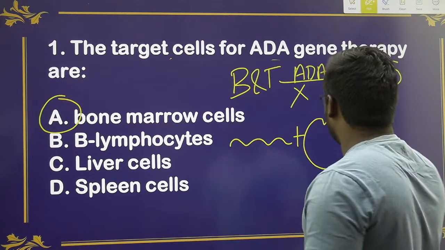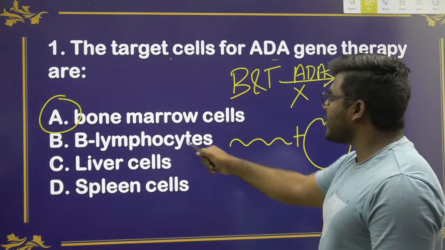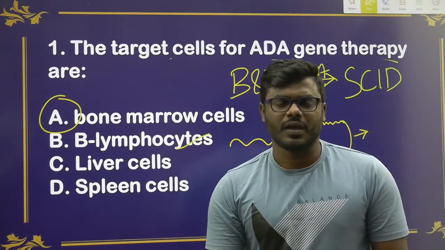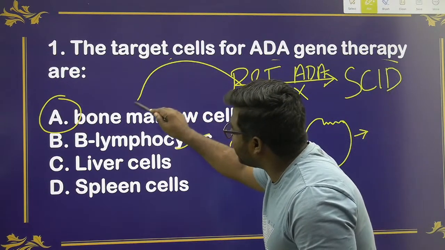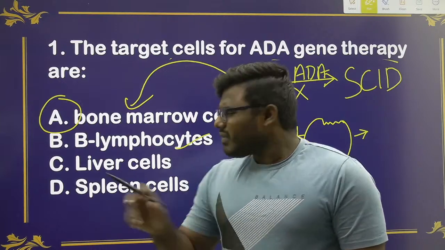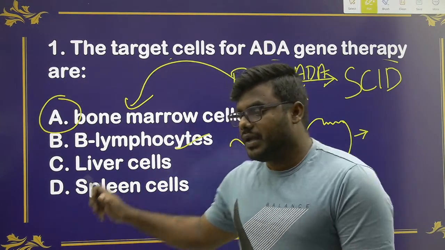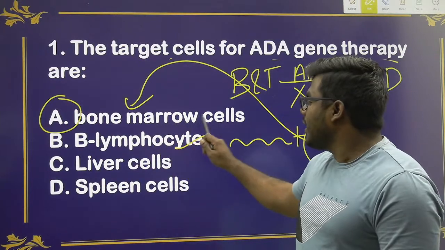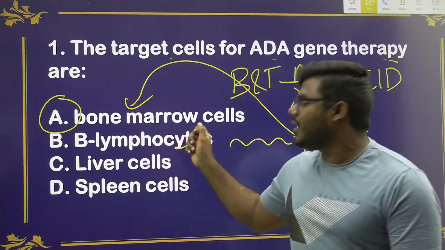Now you tell me where I am introducing the vector. Am I introducing it in the B lymphocyte? Obviously, friends, we are going to introduce the vector into the bone marrow, because B lymphocytes never produce the ADA gene. Please remember that. Bone marrow cells are responsible for the production of ADA.